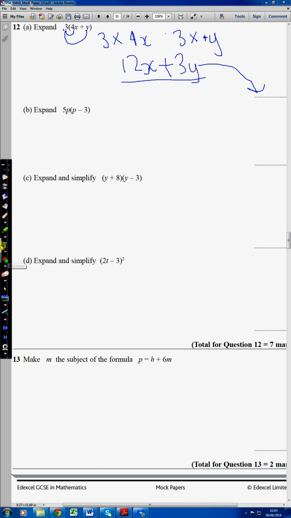Okay, well, let's choose another color. Expand this one, so we have 5p times p, 5p times minus 3. So you have 5p multiplied by p, and 5p times minus 3.